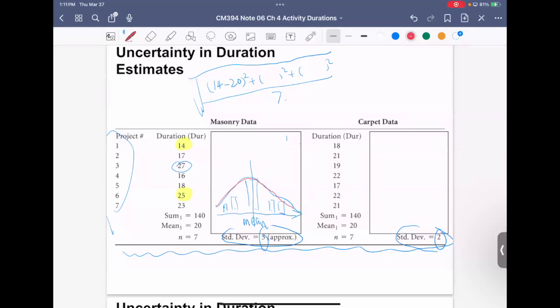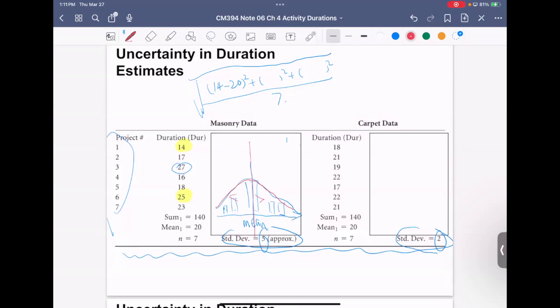And we know less than the mean is 50%, and more than this mean is another 50%. So everything underneath this red curve is one, or 100 percent, right? So that is the probability we're going to see.